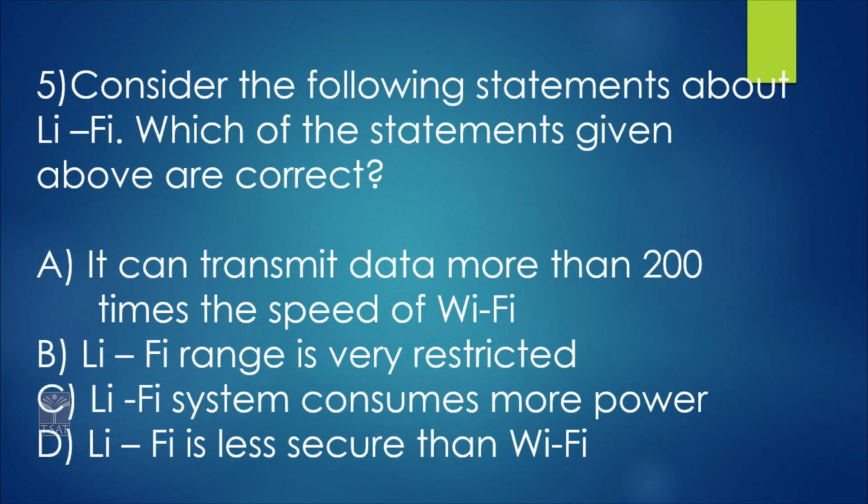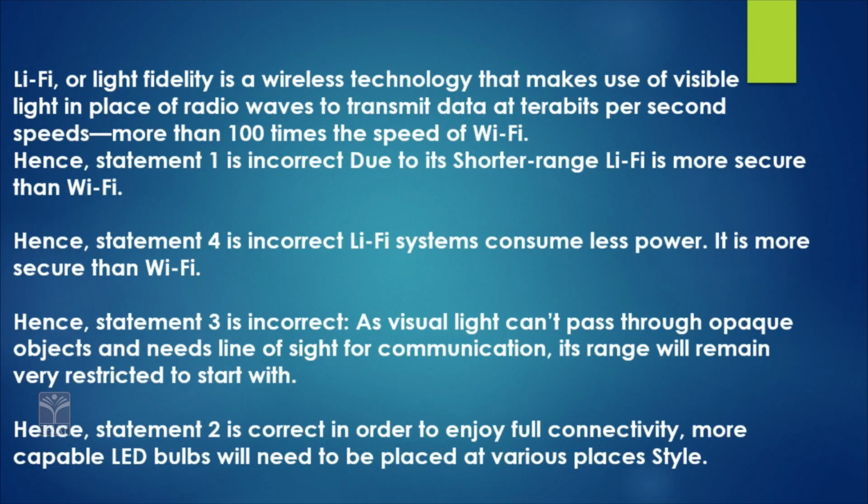Li-Fi system consumes more power, Li-Fi is less secure than Wi-Fi, Li-Fi range is very restricted. So here, statement 4 is incorrect, as already said, because it consumes less power, but it is given that it consumes more power and is less secure than Wi-Fi, when actually it is more secure than Wi-Fi.